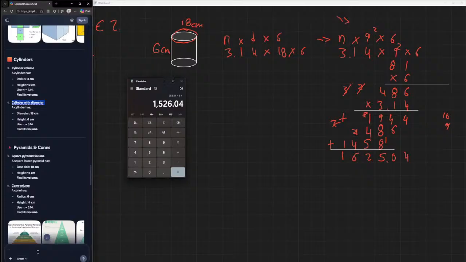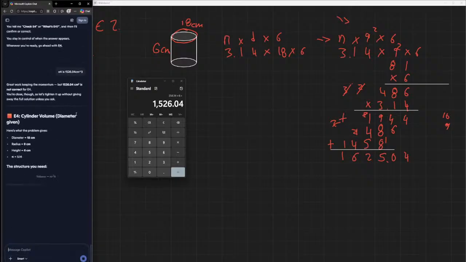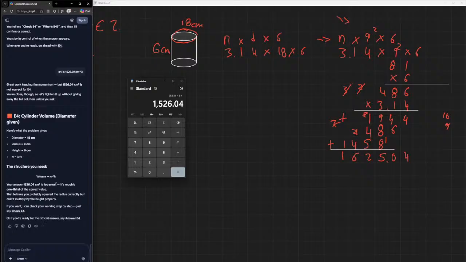Right, so let's see. Okay, so what did I do wrong then? 18, 3, 6. Pi r squared.